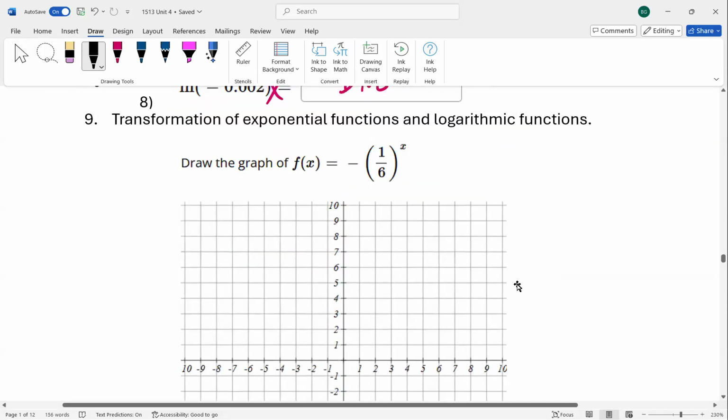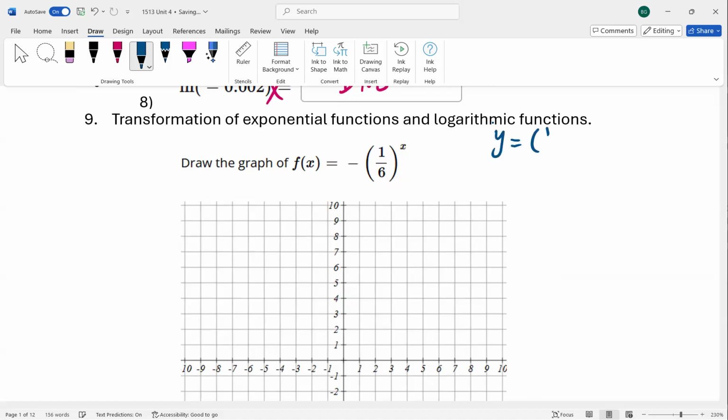The mother function is y equals 1/6 to the power of x. And then we just need to reflect with respect to the x-axis, like a mirror, and we would have the function we are going to draw, negative 1/6 to the power of x.